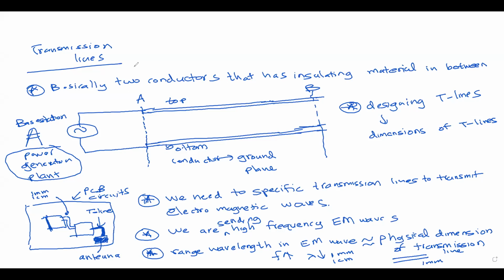So I was discussing the transmission lines using this diagram. You can consider that this transmission line is the one that I showed you in the diagrams. All those transmission lines have a top conductor and a bottom conductor, and they are connected at one end to the power supply.